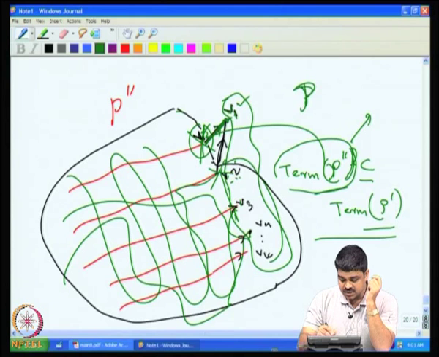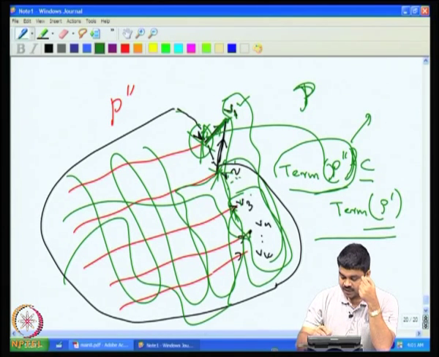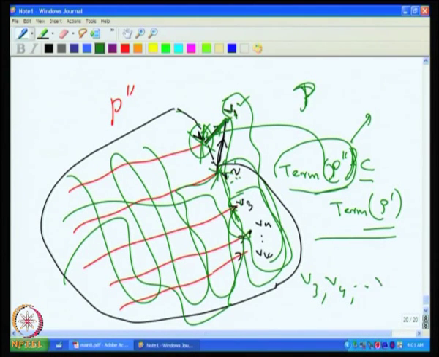Now, V and V2 are not part of P double dash. Essentially the terminal set of P double dash can only take from V3, V4 up to Vk, which means the cardinality of P double dash is only k minus 2 or less, right, because you see at most k minus 2 terminal vertices there.